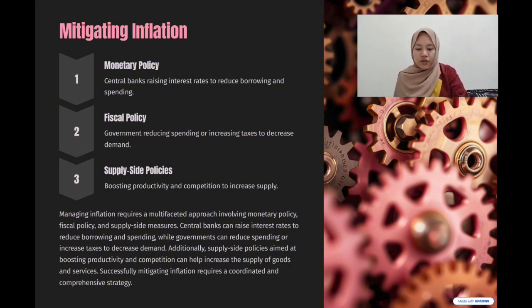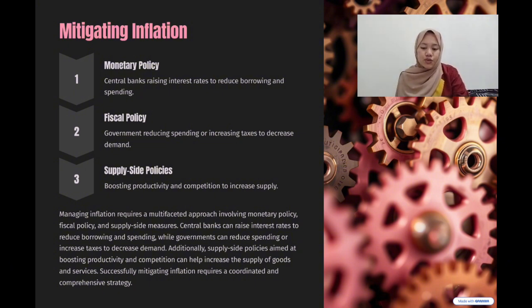Managing inflation requires a multi-phase approach involving monetary policy, fiscal policy, and supply-side measures. Central banks can raise interest rates to reduce borrowing and spending, while governments can reduce spending or increase taxes to discourage demand.